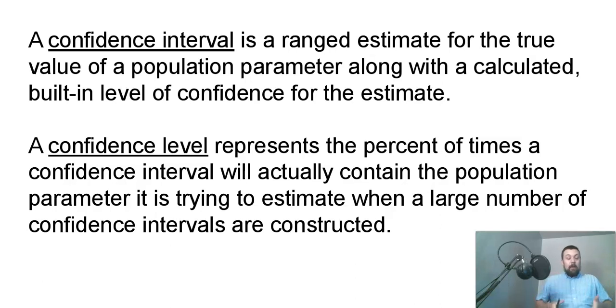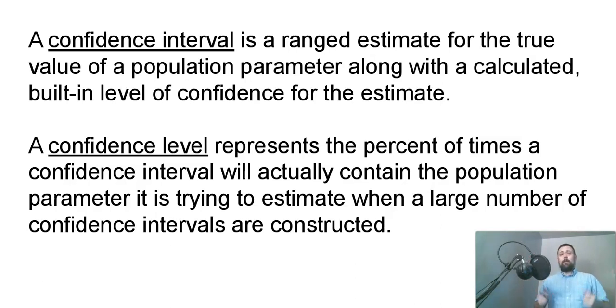Here's an estimate for you. 90% of the times that I do these estimates, they give me a good estimate and actually contain the value they're trying to estimate. If I say it's between 67% and 73%, 90% of the time it will be. But 10% of the time, when I come up with these estimates, it will be wrong. It won't actually contain the value of the thing that we're trying to estimate.